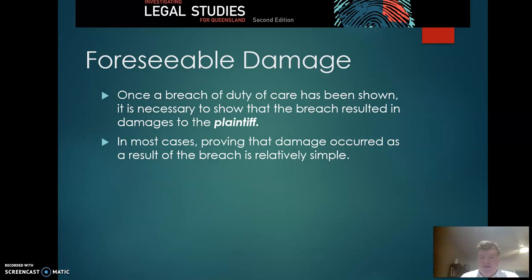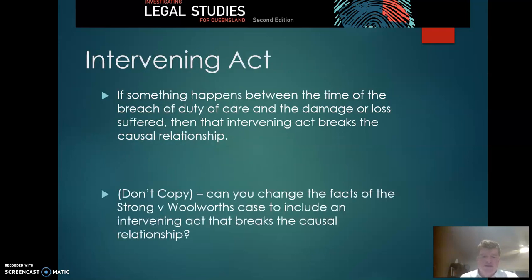And most cases proving damages are pretty simple. For example, we looked at the flicking of pieces of paper around a classroom that hit someone in the eye and did damage to the person's eyesight. That's pretty obvious that there is a link there. Sometimes there can be an intervening act and that breaks the chain.